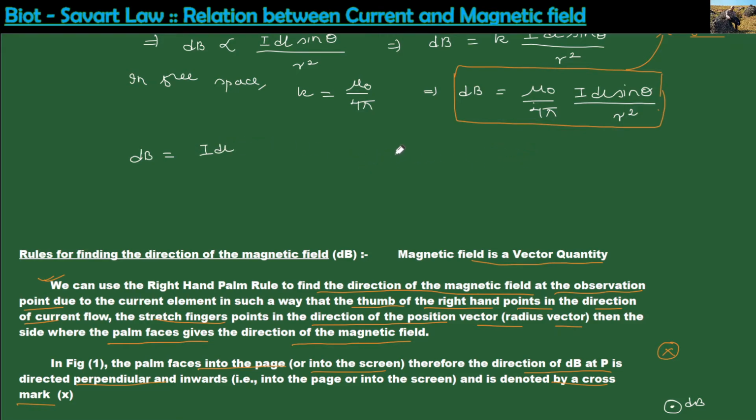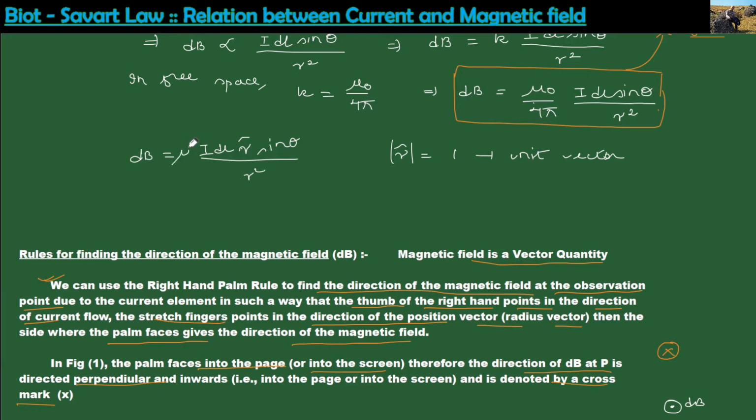Then we know that r cap is a unit vector, which means the magnitude of r cap is always 1. So if I multiply by r cap, since I dl is a cross product, this will be r cap, sine of theta, divided by r square.